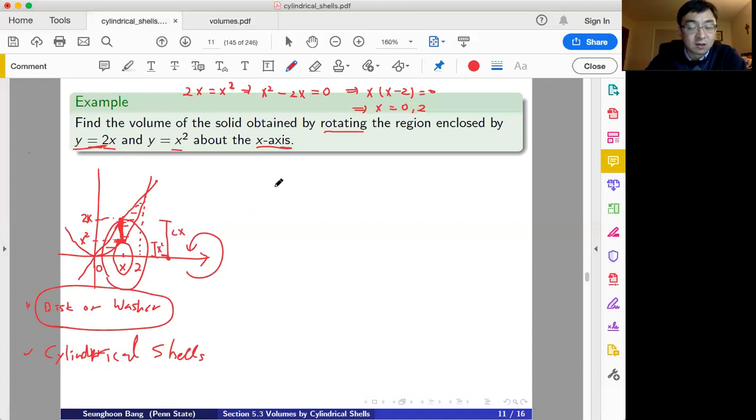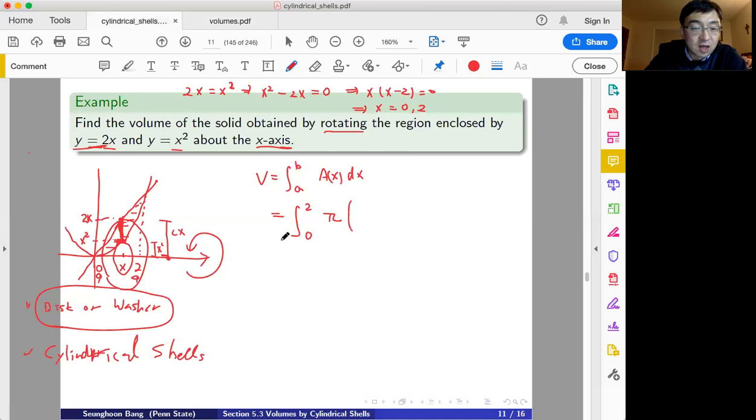So the volume V is the integral from a to b of A(x) dx. What's the volume? The integral from 0 to 2, right? The starting point is 0, the ending point is 2. What's A(x)?